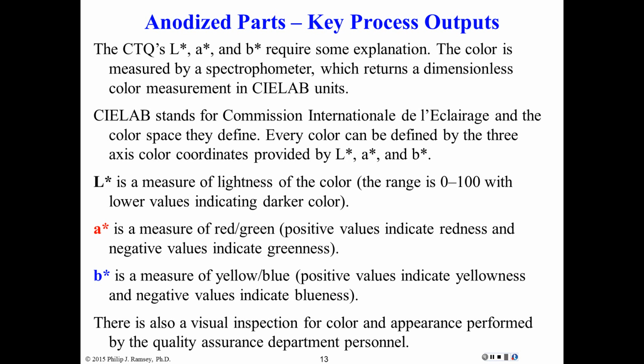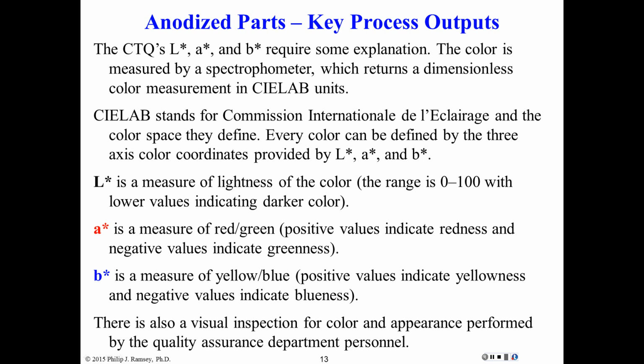But a spectrophotometer is set on the surface of the finished part, and the spectrophotometer takes the color on the surface and maps it into a 3-dimensional space. And in that space we measure L star, a measure of lightness and darkness. Lower values indicate darker color.